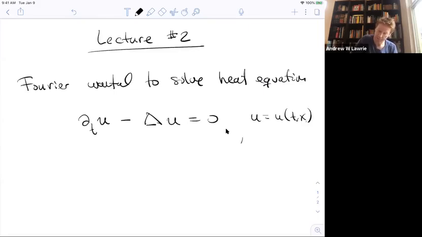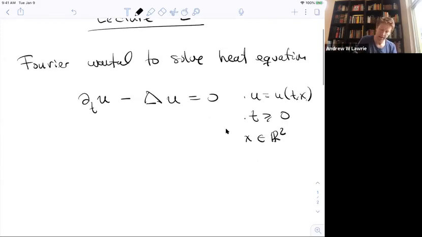But here, t is a real number, t is time, say positive time, and x is a vector in the plane. And here the symbol, the Laplacian of u, just means the following.